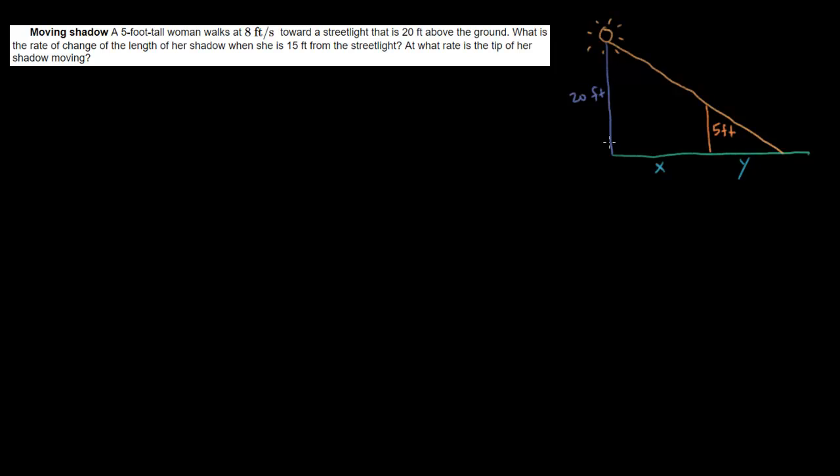But since that 8 feet per second is getting closer to the street light, it's actually a negative 8 feet per second rate. If you're getting closer to the origin, you're going to have a negative rate. So according to how I have my variables listed here, dx/dt equals negative 8 feet per second.